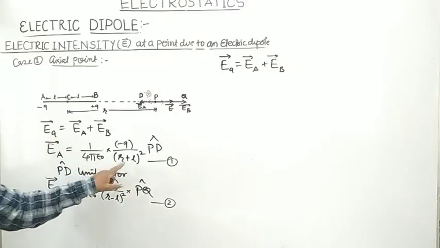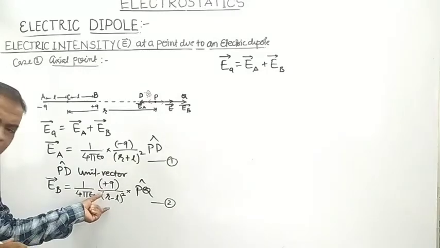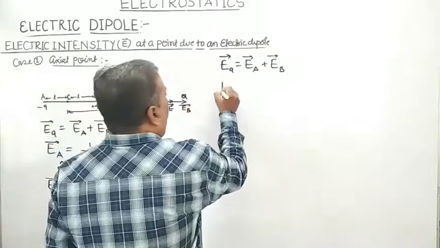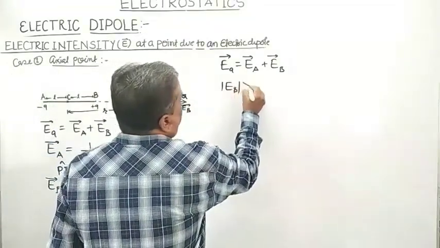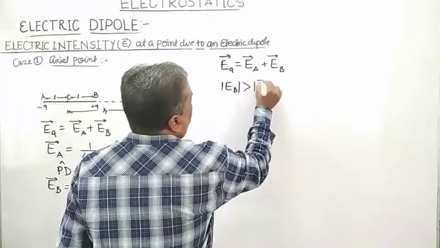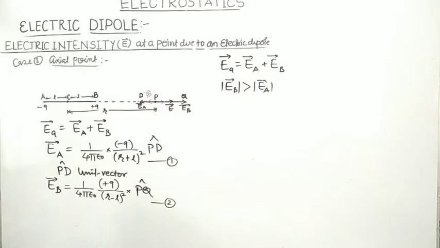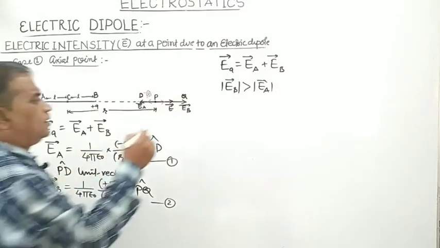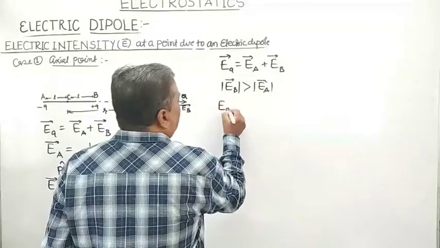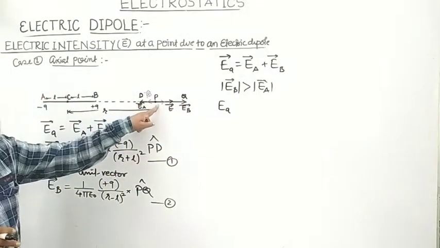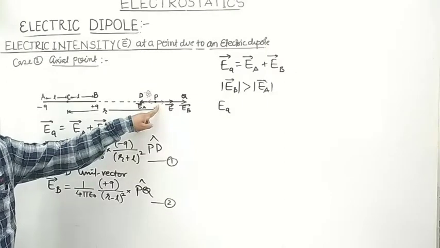Here the denominator is R plus L whole square. The denominator is less, which means this EB is greater than EA, as the rest of the terms are the same. So, mod of EB is always greater than mod of EA.